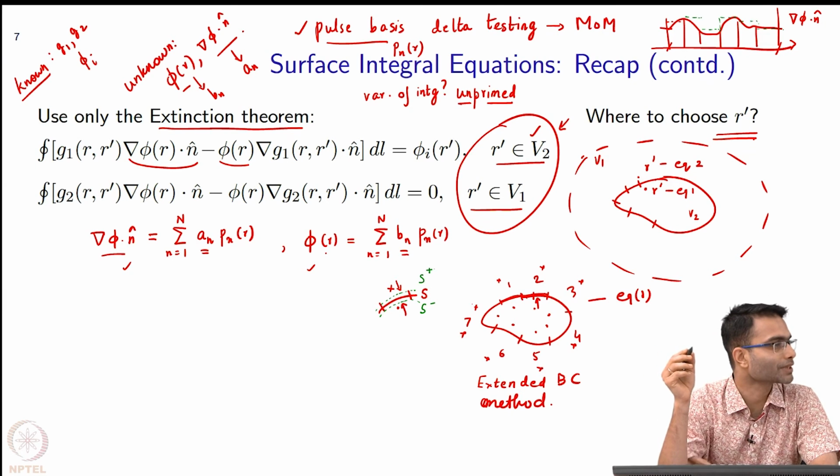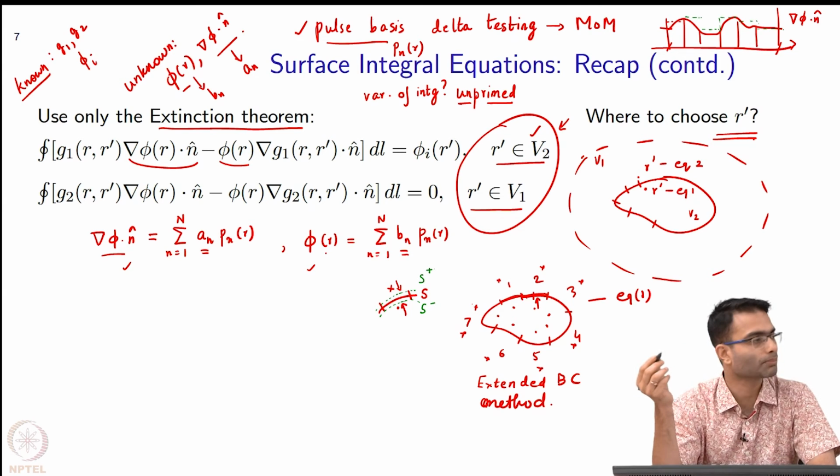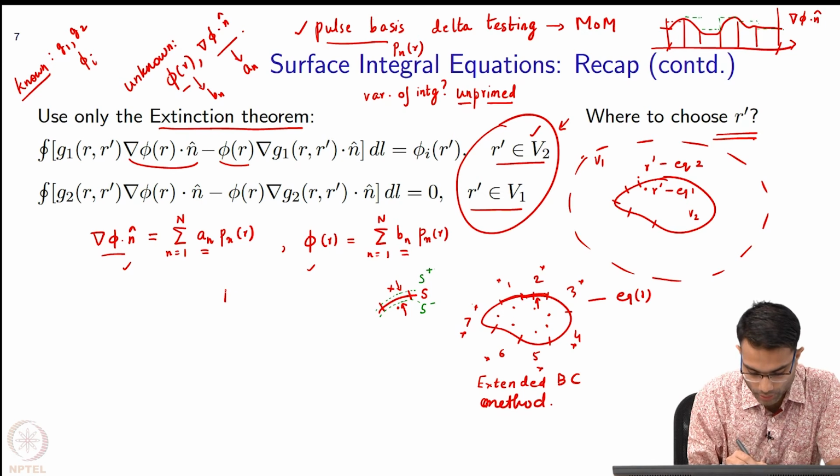That's the strategy that we will use, and when we solve it like that, it's simply called the boundary integral method.